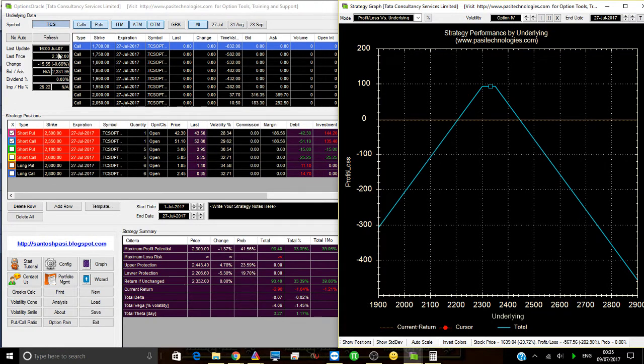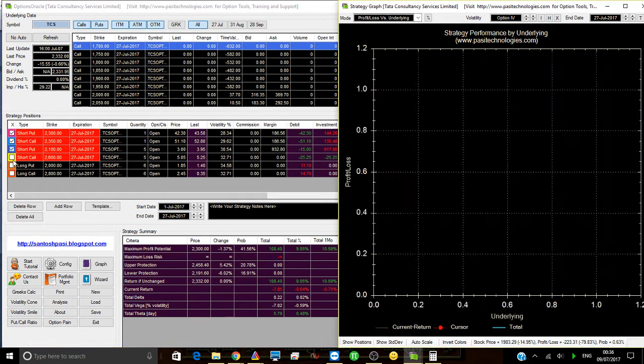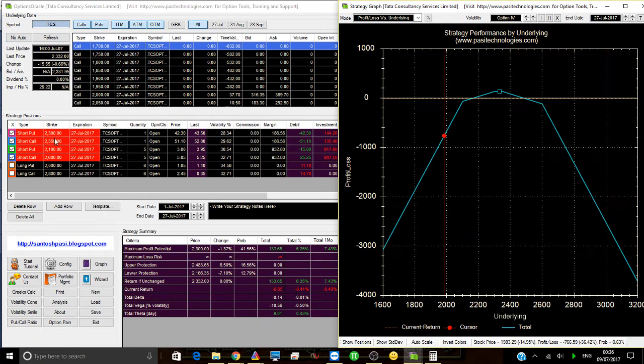It's 2330, so I am selling 2300 and 2350, which gives me a nice spread with about 33% probability, with the upper break even and lower break even near about 5%. 5% does not give me very good comfort levels, to be sure, and again they are within my levels. So what I would probably do is I would sell 2100, which is 200 below, and 2600. If I do that, my break even shifts to 6.5 to 7%, which is the best that I could get.